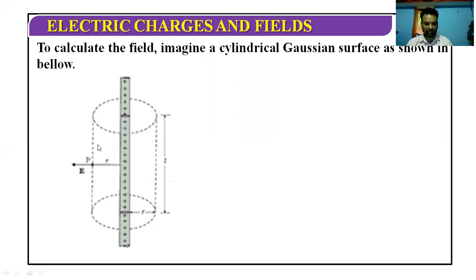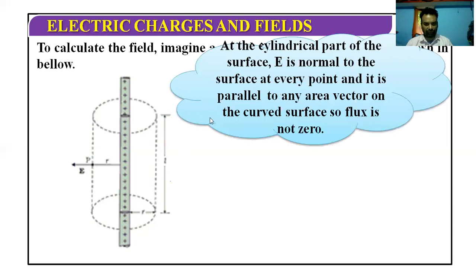The rolling surface, that is a curved surface. So two types of surfaces are there. If we see carefully at the cylindrical part of the surface, E is normal to the surface because this is the cylindrical part, and on this cylindrical part this E is normal to the surface, because this rod is emitting electric field radially outward.